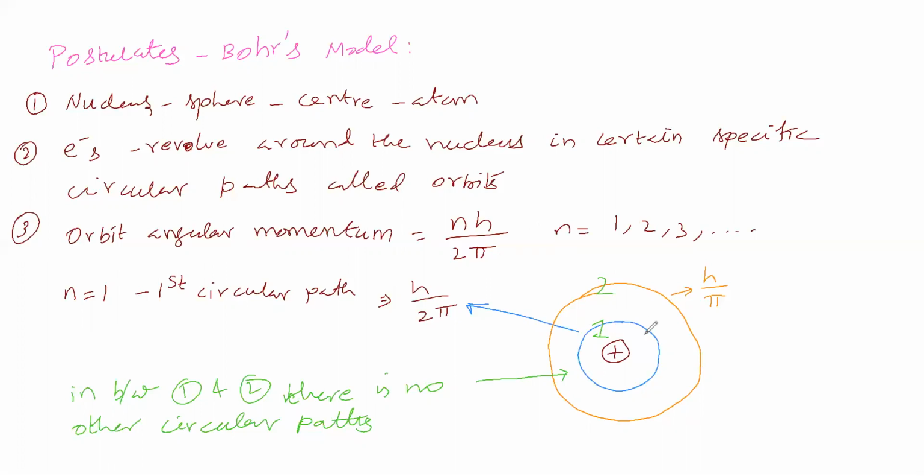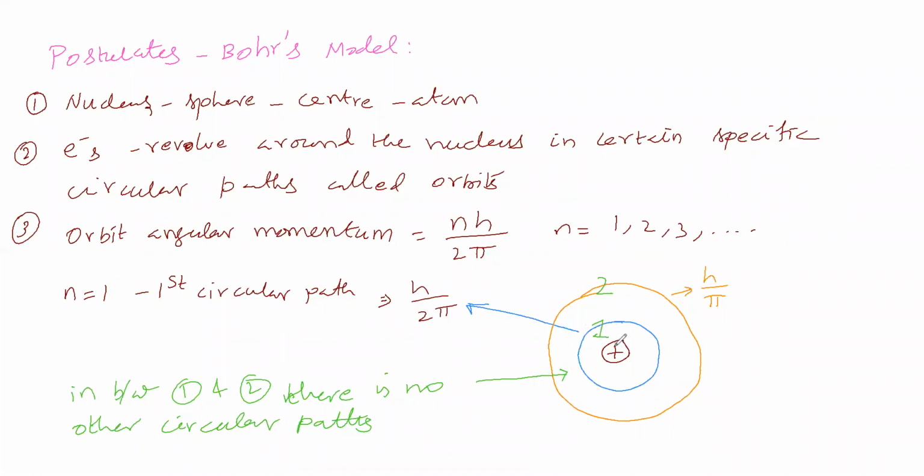So this is the first circular path, which means for this the angular momentum is h by 2 pi. This is the second circular path, for which the angular momentum is h by pi. Between 1 and 2, no circular path is possible.